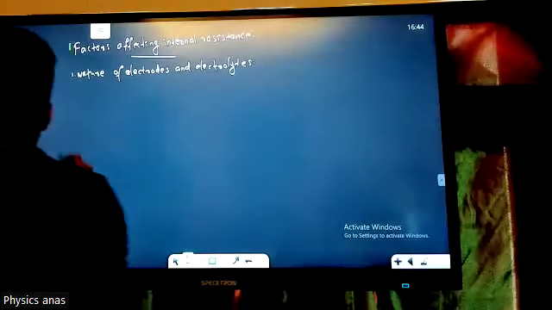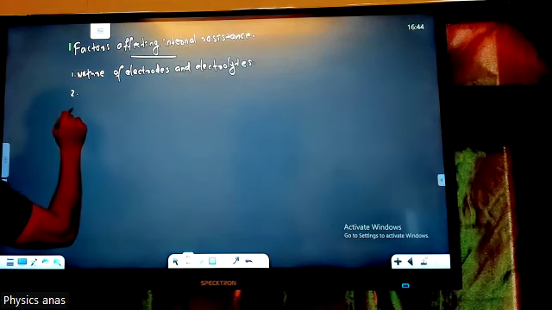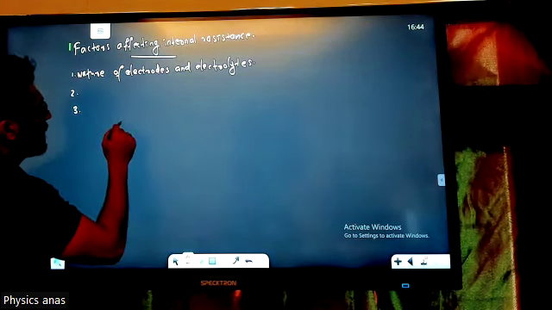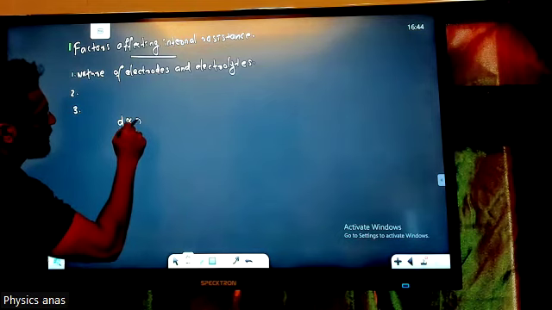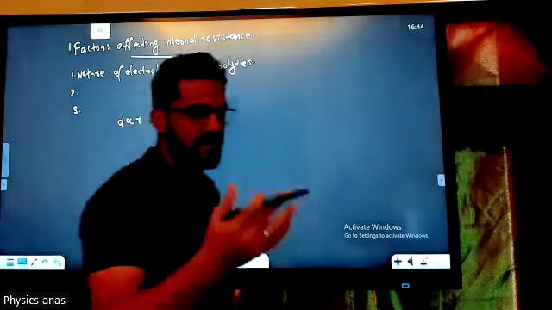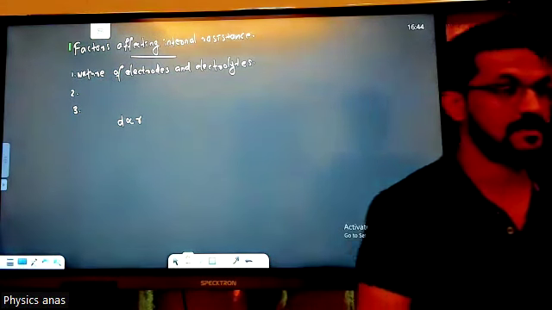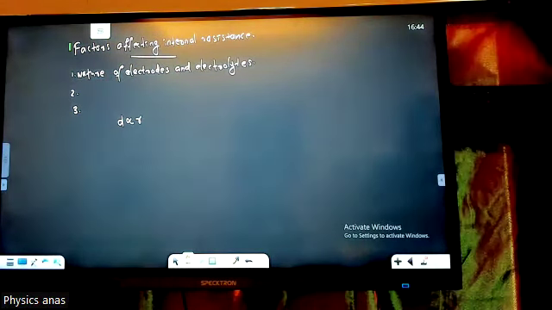Then distance between electrodes. It is directly proportional. If the distance between the electrodes is increasing, internal resistance will be increasing. So distance between the electrodes is affecting it.